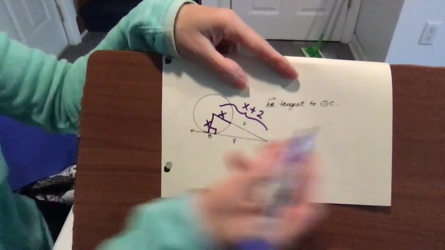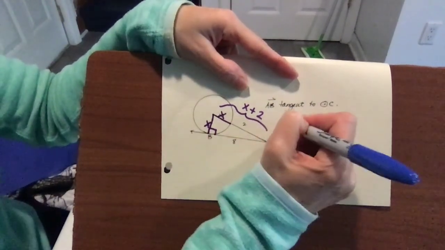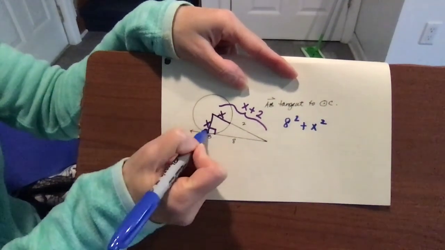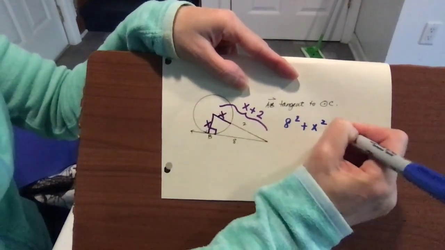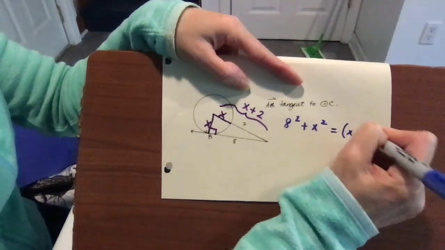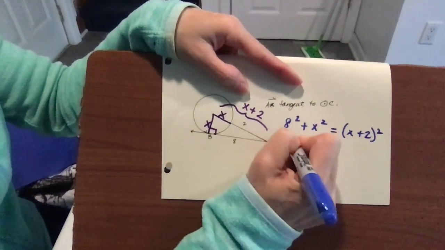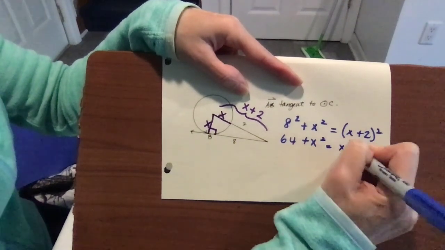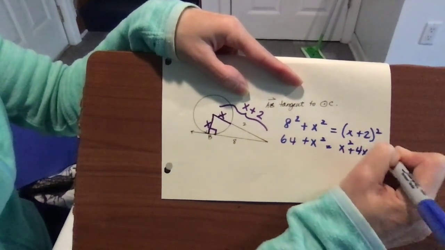So what we've got is 8 squared plus x squared, which is this x here, equals the quantity x plus 2 squared. So we have 64 plus x squared equals, FOIL this, x squared plus 4x plus 4.